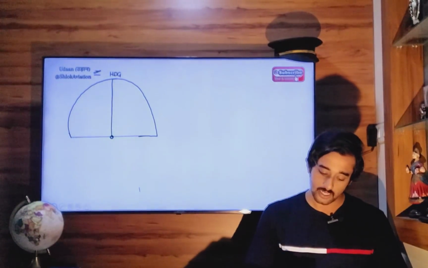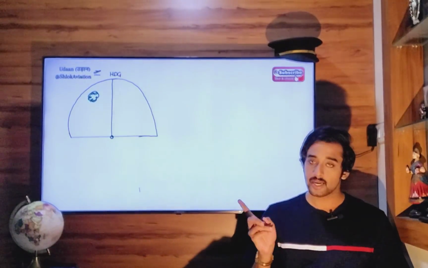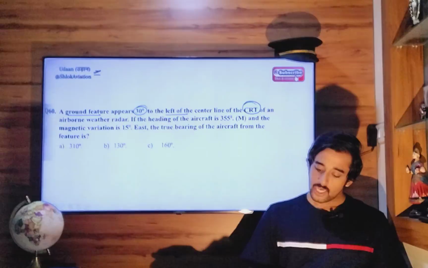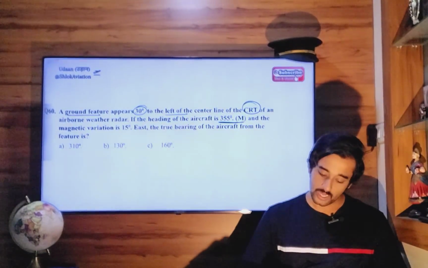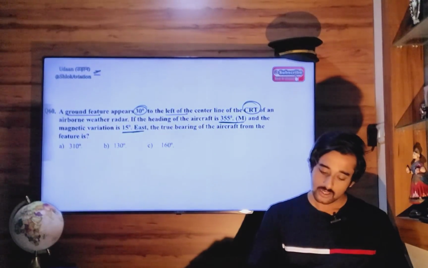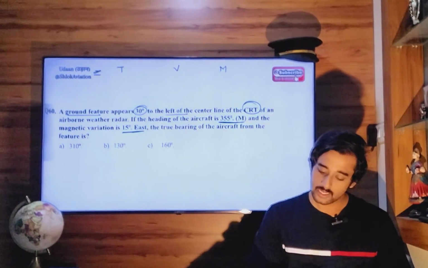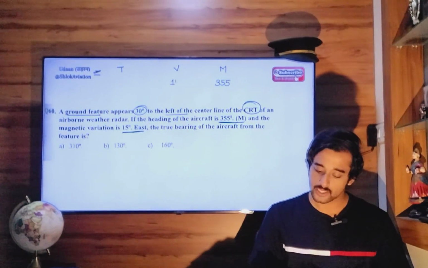Okay, so minus 30 degrees. So let's say that forest is somewhere here, 30 degree left hand side. So minus 30 degree. If the heading of aircraft is 355 magnetic, variation is 15 east. So magnetic heading 355, variation 15 east.